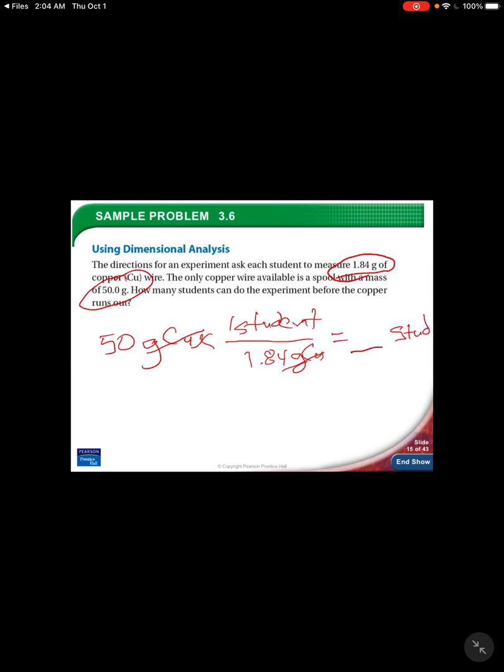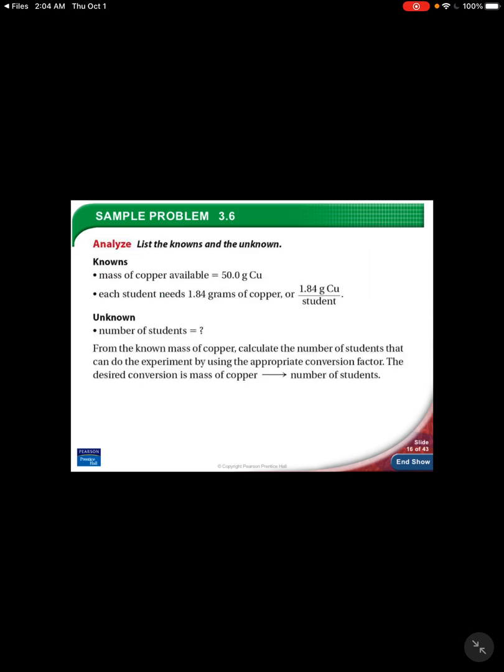in my answer here. And it's going to be, what, a little more than 25. If you get out your calculator and divide the 50 by the 1.84, you will get an answer that is, what, 27.174 students.